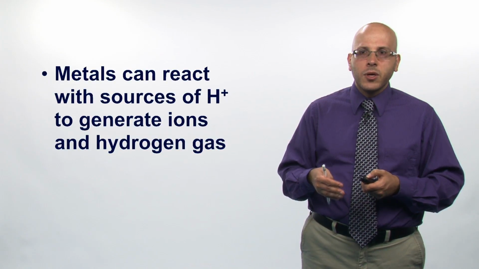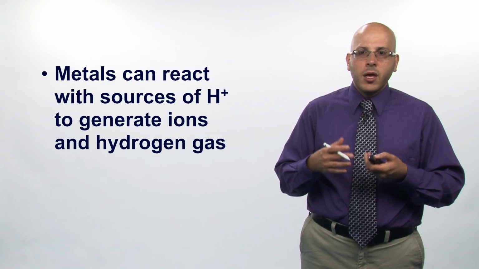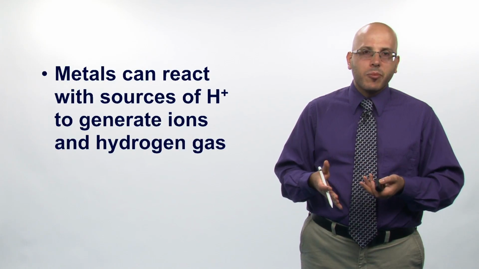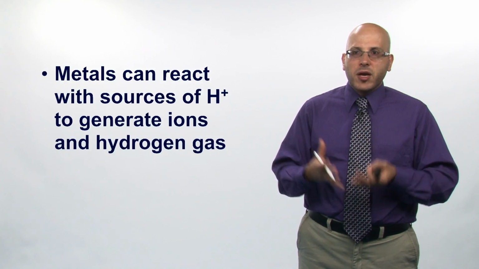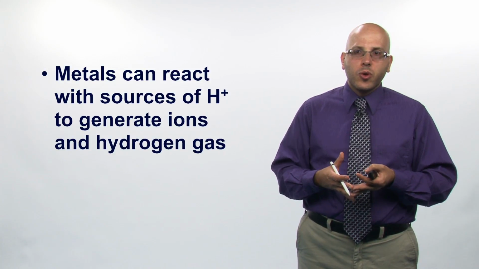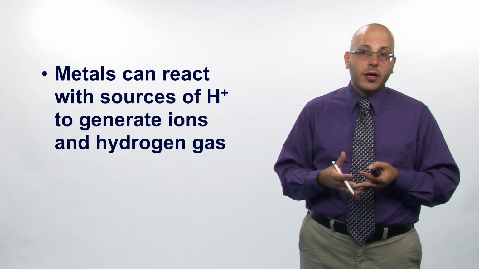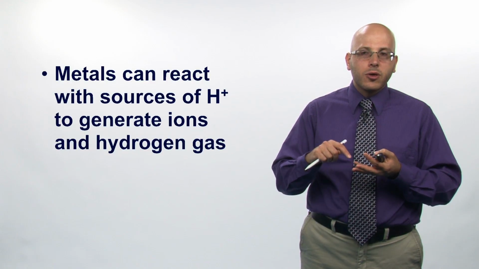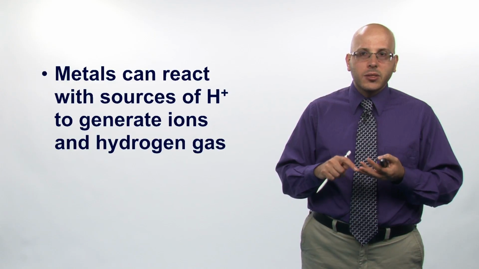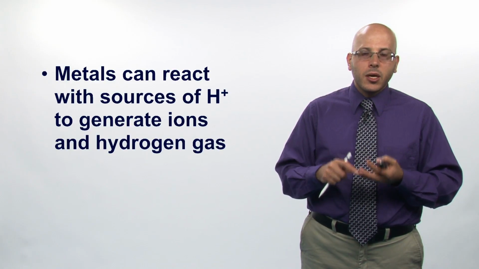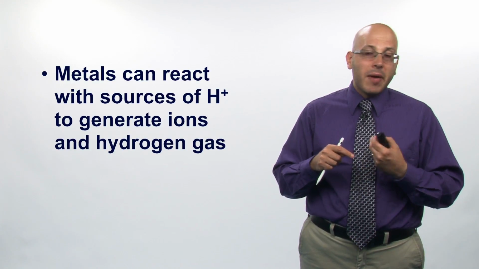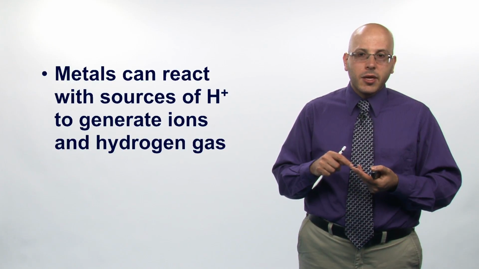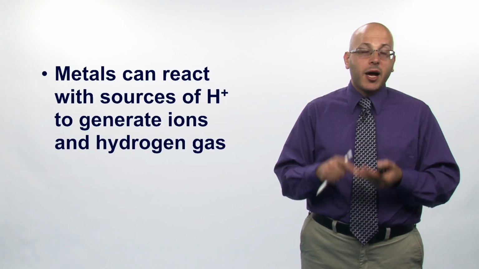Okay, so let me give you some examples of how these things might show up in chemical reactions. Metals can react with different sources of hydrogen ions. It could be water, it could be an acid, to create different ions of those metals as well as hydrogen gas. For example, magnesium might get converted into magnesium ions.